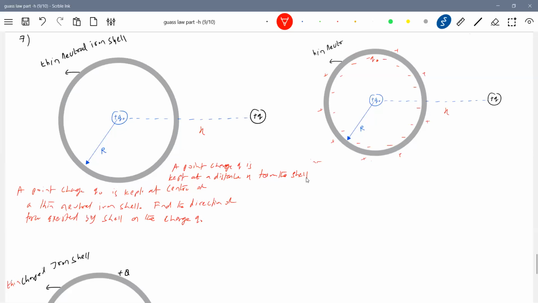I'll show it in red, using different colors for charges, plus Q naught. If this point charge plus Q were not there, this would have been uniform. This plus Q in turn will induce charge. So it will induce charge minus Qi, plus Qi.